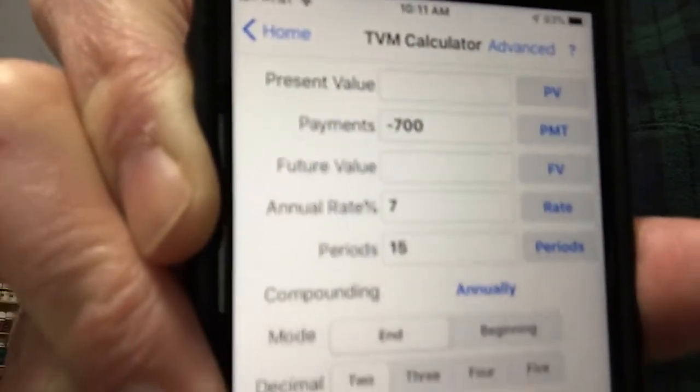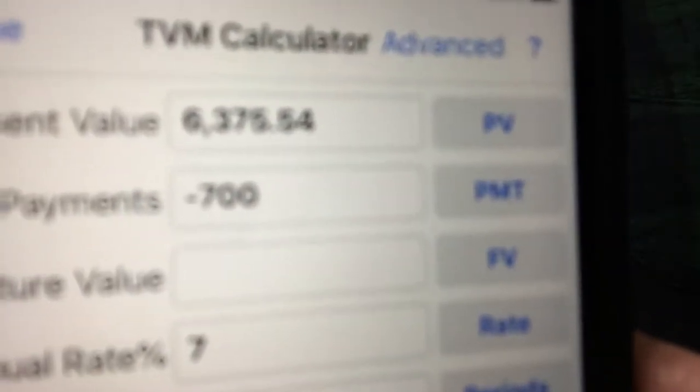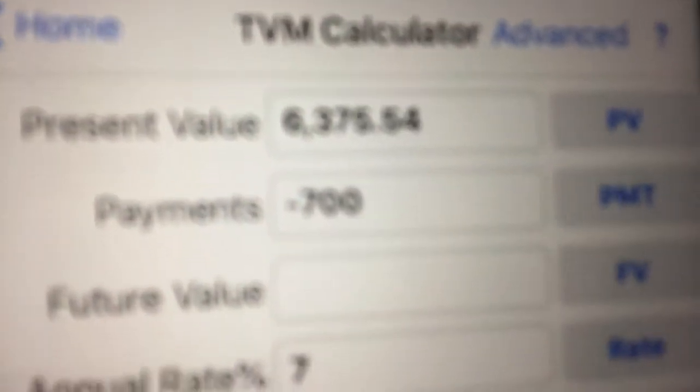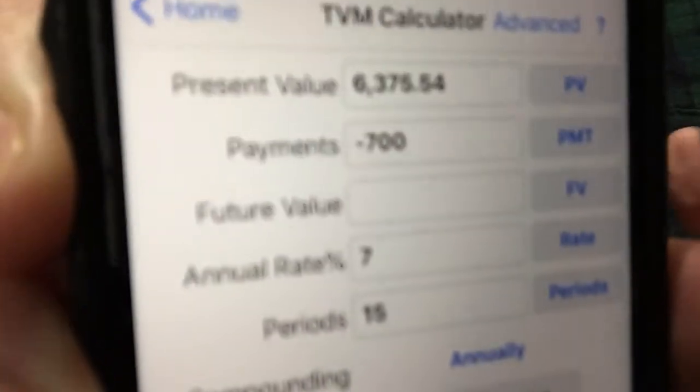And I'm saying, well, what's the value of that today? What's the present value? Well, if I hit present value of that today, it's $6,375.54. Okay? So in this case, we're coming back to the present instead of going to the future.